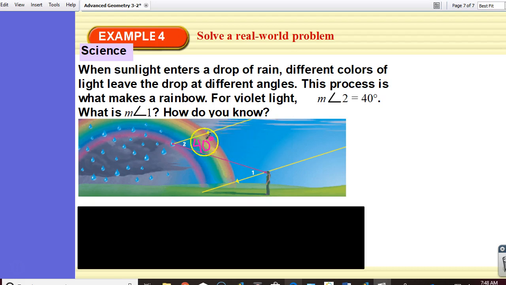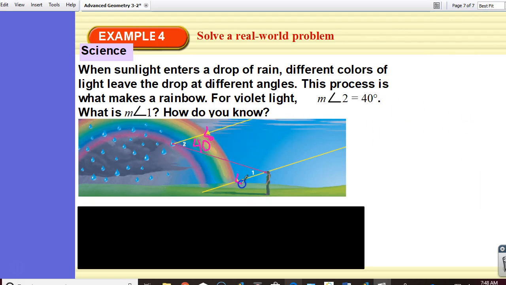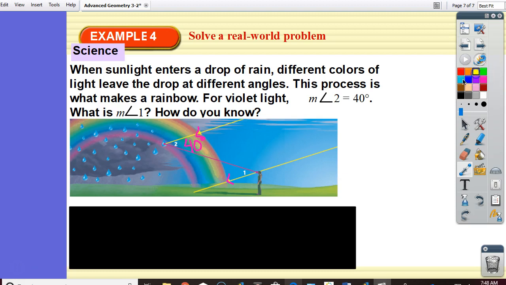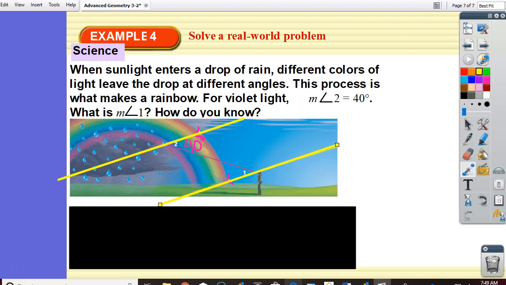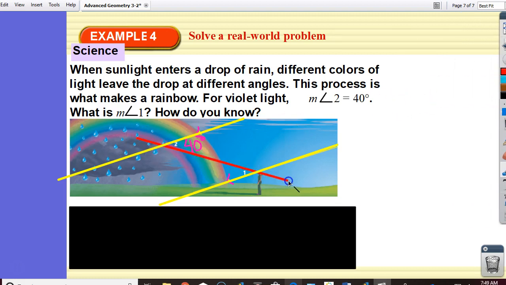Okay, so do you guys see how these lines are marked with, hey dude, I'm parallel marks? Do you guys see that? And what if I took this and I extended it out? And I took this line and I extended it all the way out. And then that line of sight, I'm going to take that line and extend that one out too.